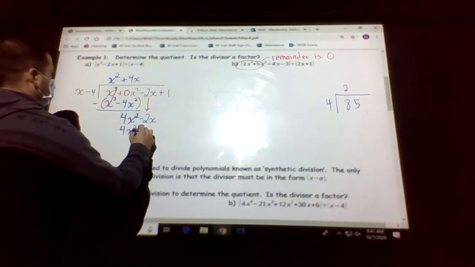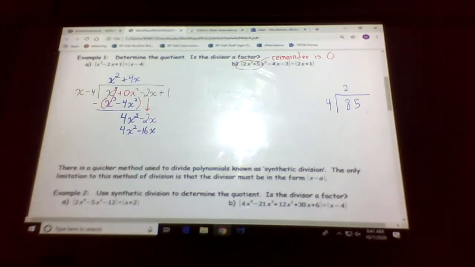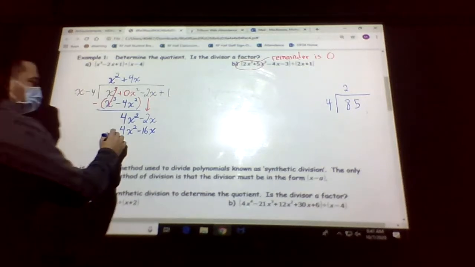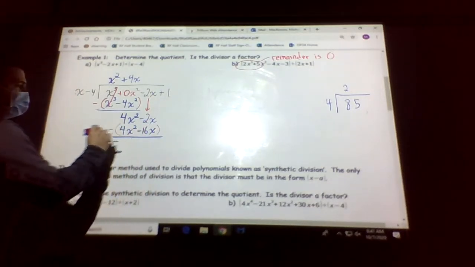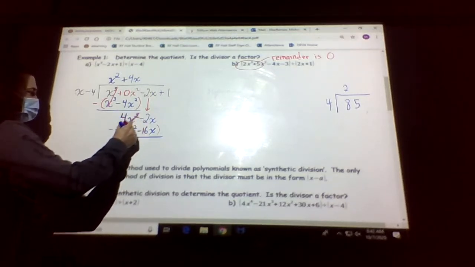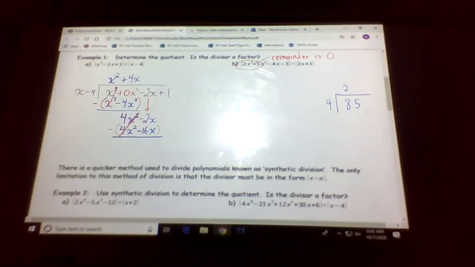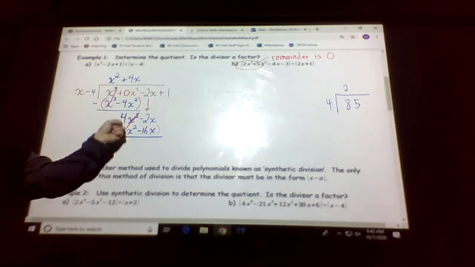Negative 16x. Make sure you have the x there. So we multiplied. Now we subtract. 4x squared minus 4x squared cancels out. If these are not canceling out here, you did something wrong. These always give you a 0.